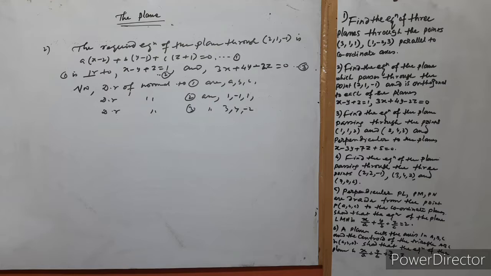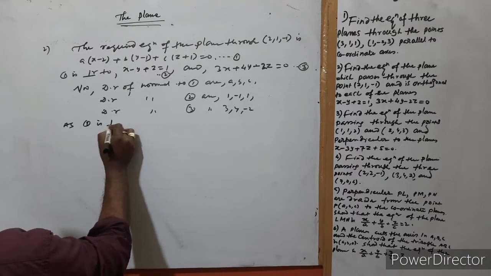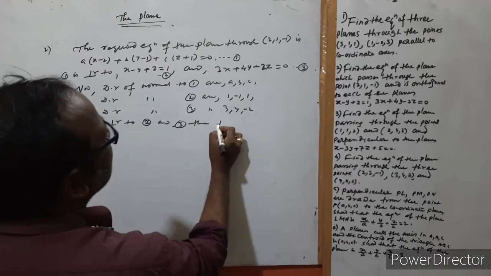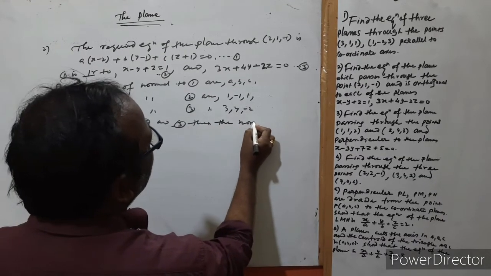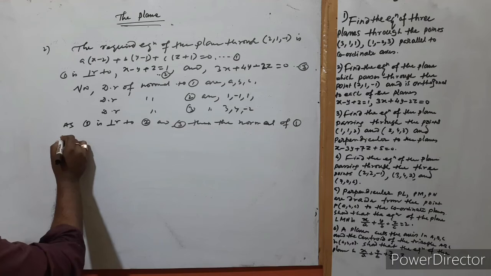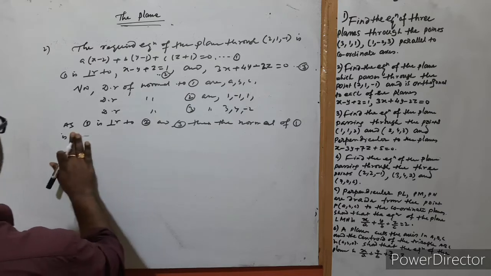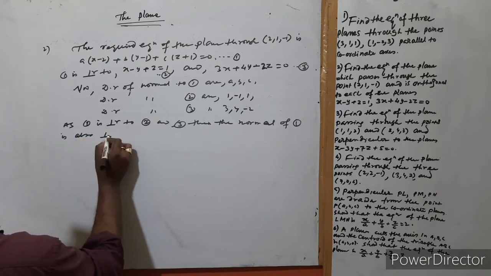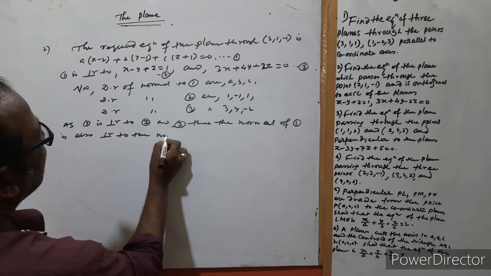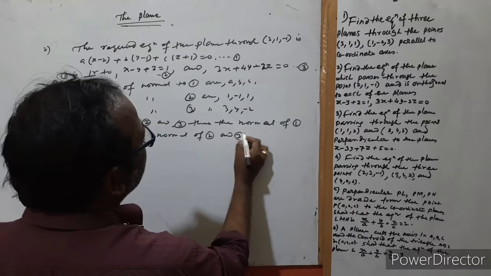As 1 is perpendicular to 2 and 3, the normal of 1 is also perpendicular to the normals of 2 and 3.